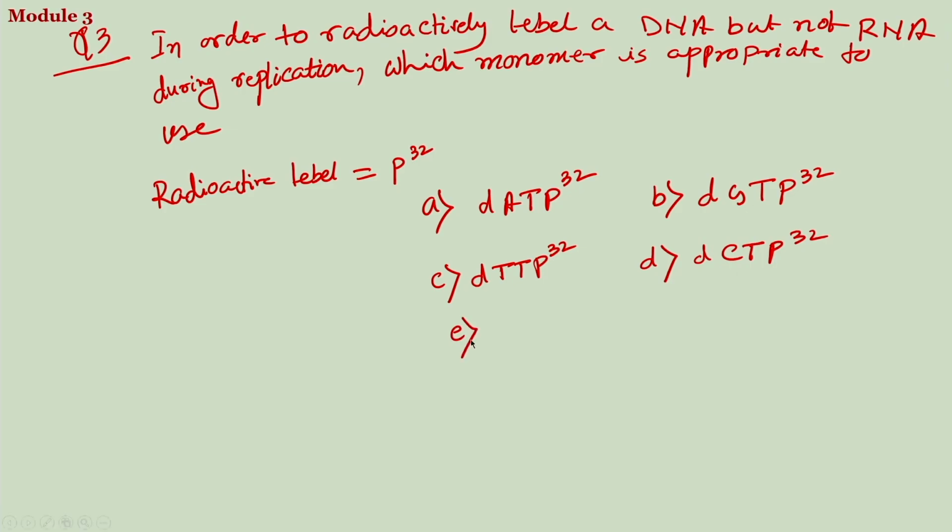That is the last one, dUTP. Now, out of these four, which monomer will you actually use to tag the DNA selectively and not the RNA?